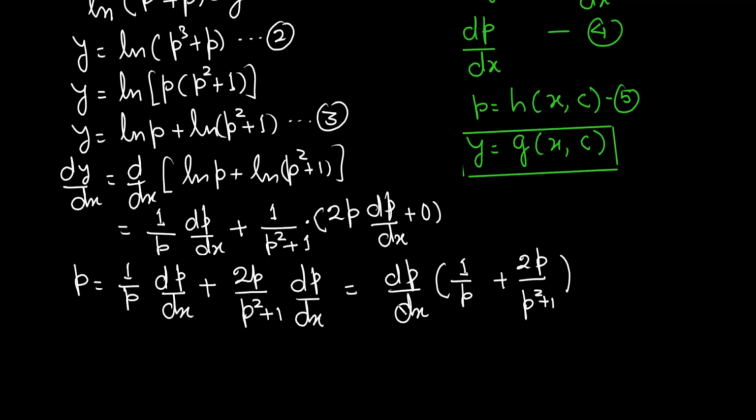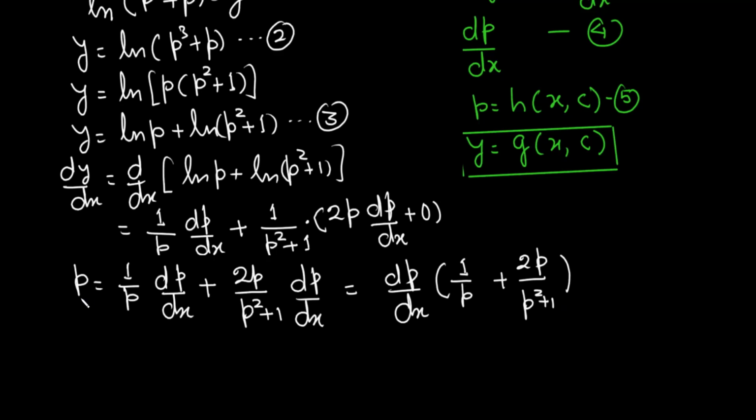Now, this is a separable equation because we can take all the functions involving p with the dp. So now the equation is p equals dp over dx times 1 over p plus 2p over p square plus 1.